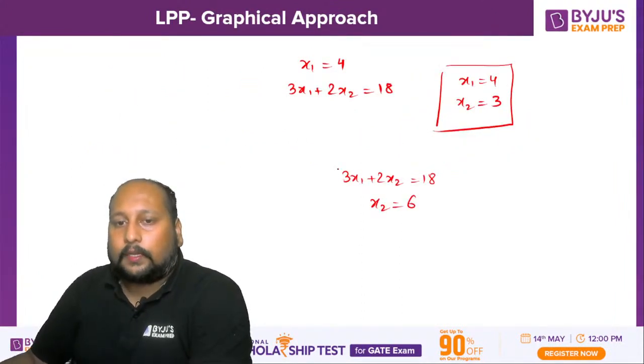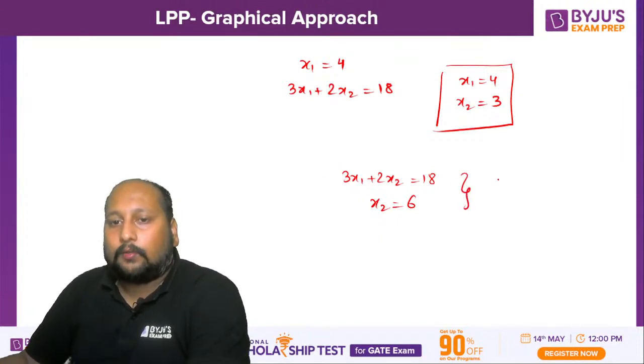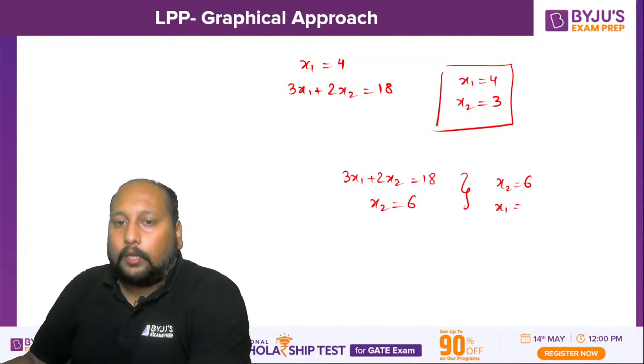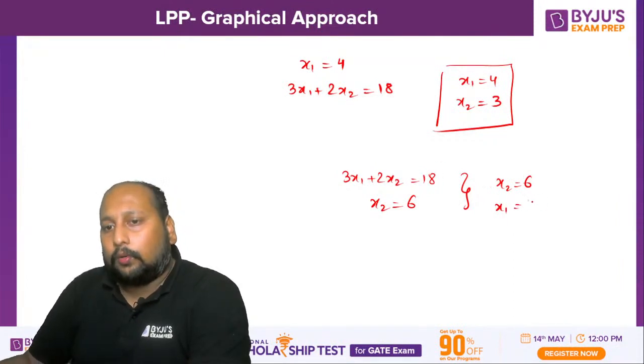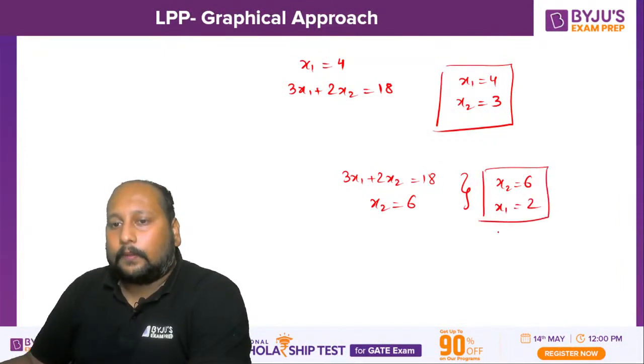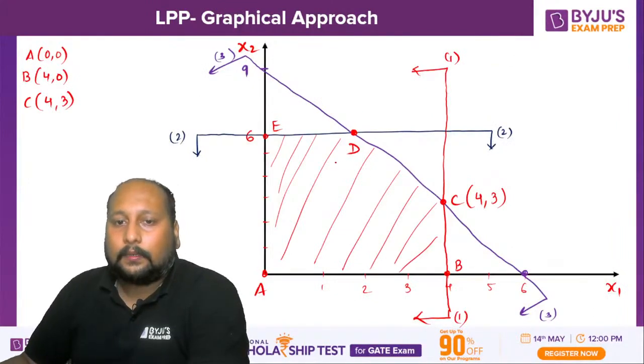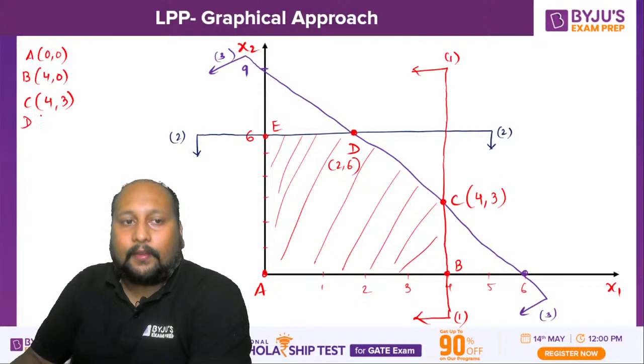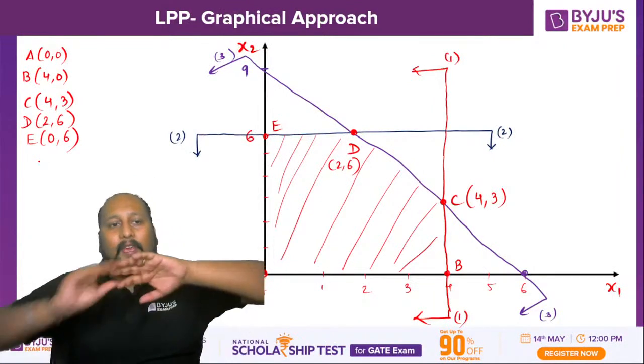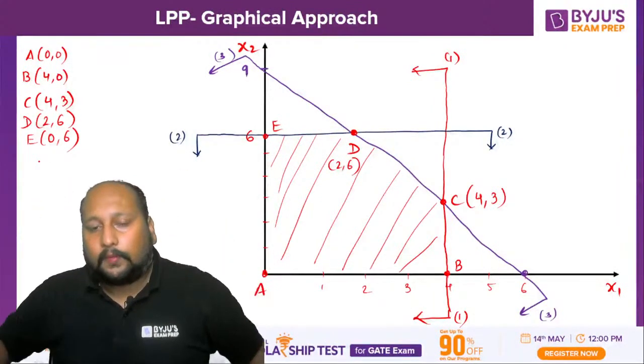If you solve these two equations, we'll be getting x2 equal to 6 and x1 equal to, this will be 12, this will be 2. So 2 comma 6. Point D is having a coordinate of 2 comma 6. E is already having coordinate 0 comma 6.